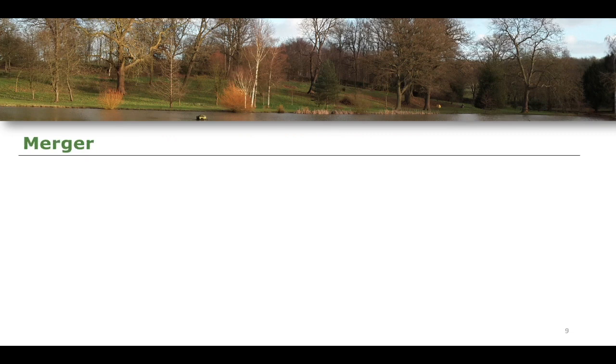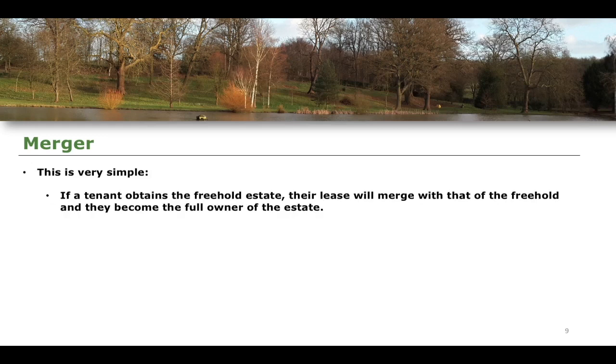Finally, then, we have the idea of merger. Merger is probably the best way of ending a lease agreement if you are a tenant, and this is essentially where the tenant obtains the freehold estate, at which point the lease will merge with that of the freehold, and they will become the full owner of the estate, and there would be no need for a lease to exist.